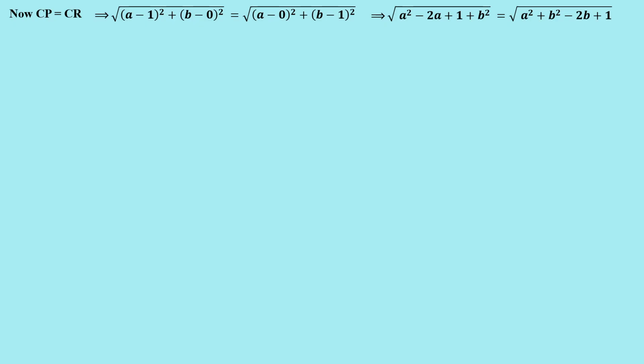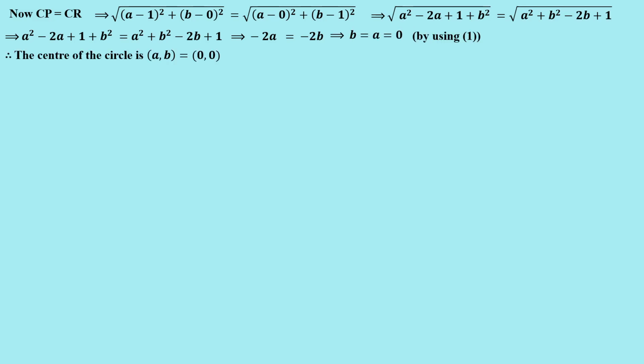Cancelling A square, B square and 1 on both sides, minus 2A is equal to minus 2B. Since A is 0, B is also 0. So the center of the circle is 0, 0.